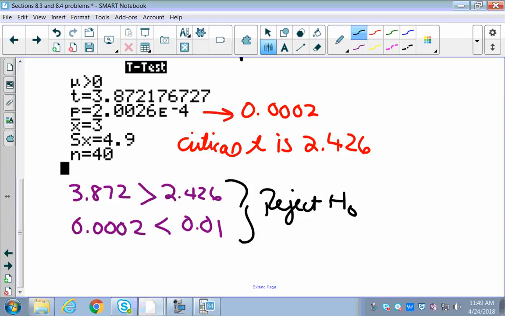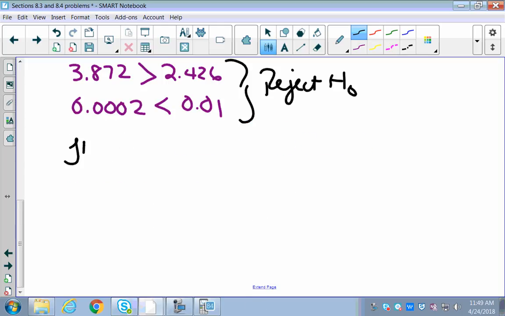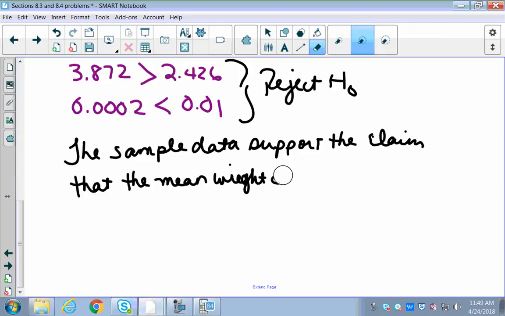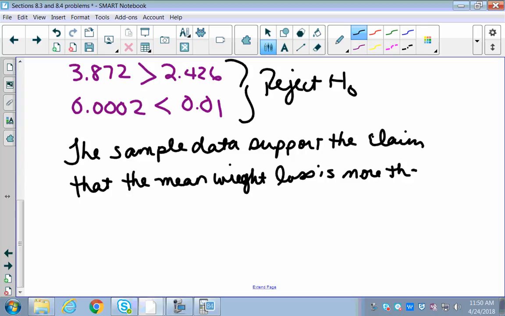So the sample data support the claim that the mean weight loss is more than 0. Okay.